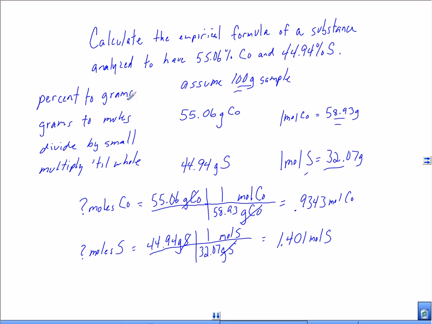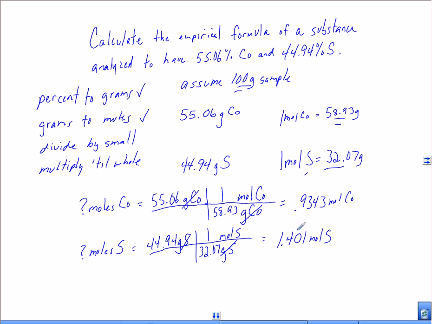All right. So let's see. We've done percent to grams. We've done grams to moles. Now I have divide by small. So we go over here to our mole values, and we decide which one is the smaller.